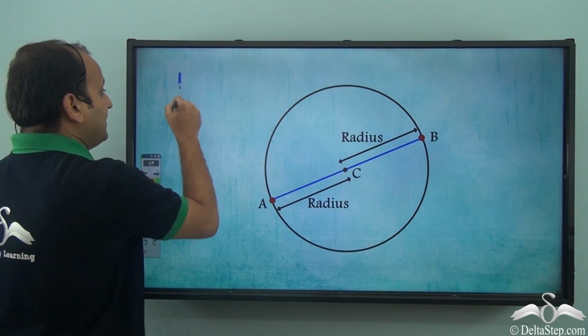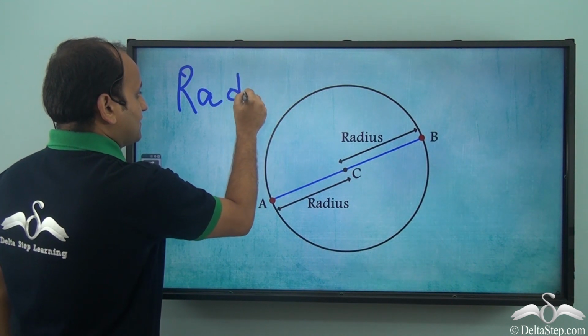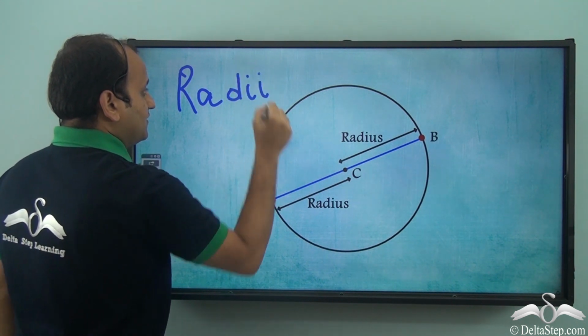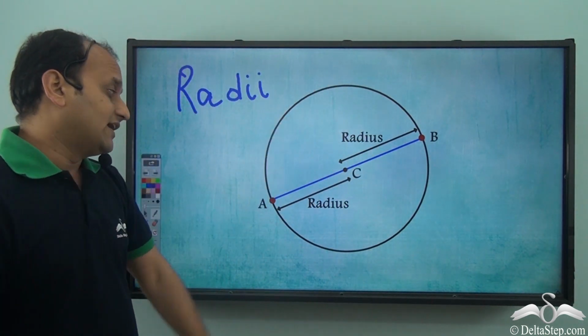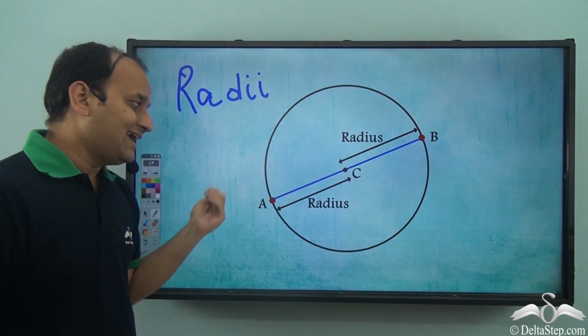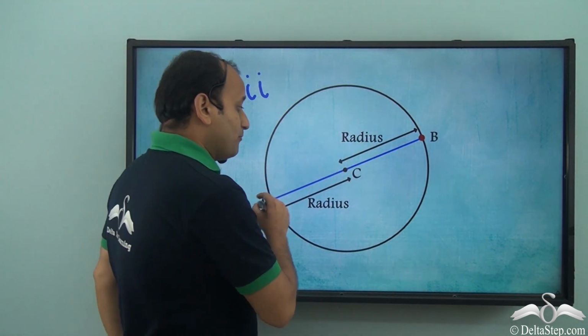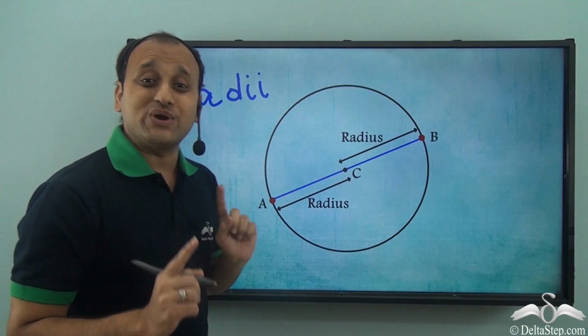Well, we call them radii. So, the plural form of radius will be radii. So, we have two radii here, that is BC and AC, and both joined together to give one straight line.